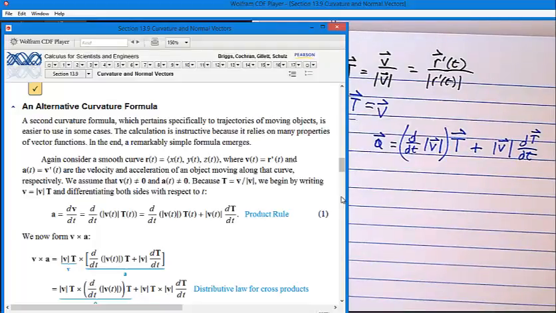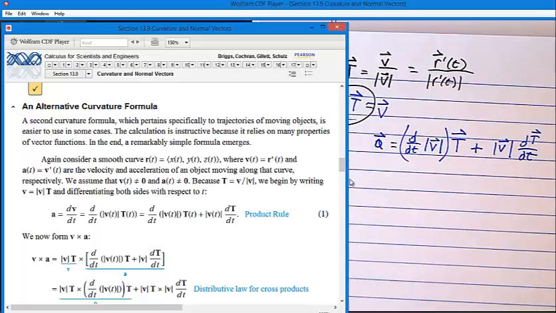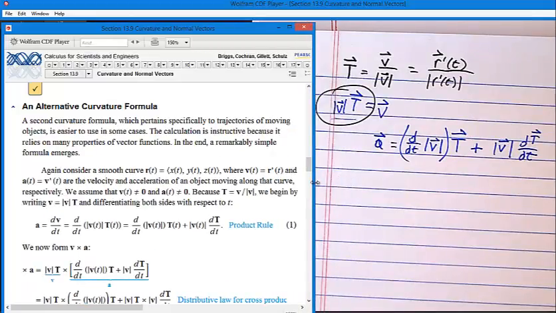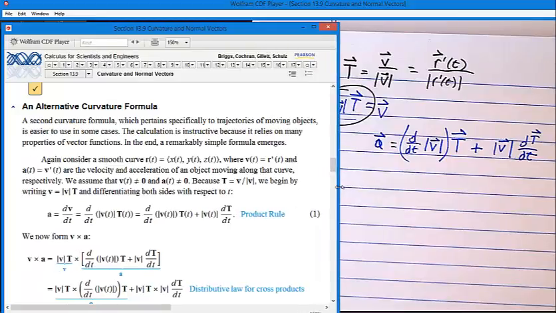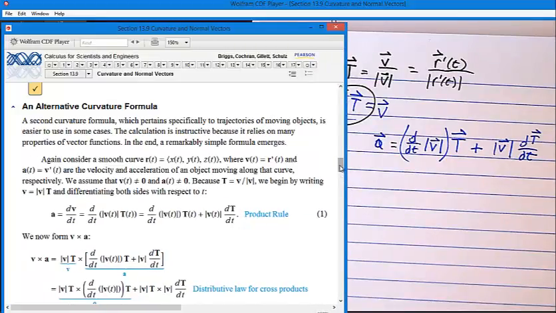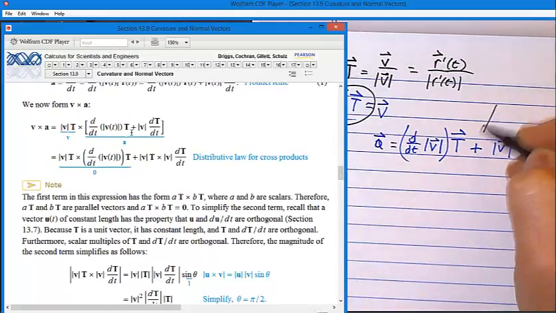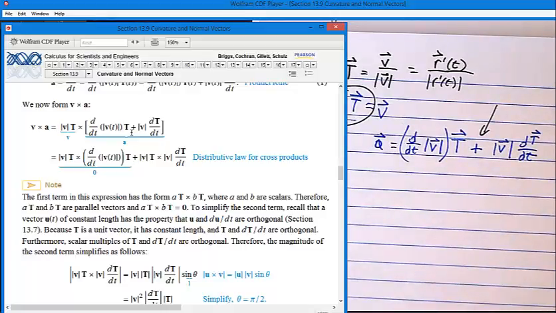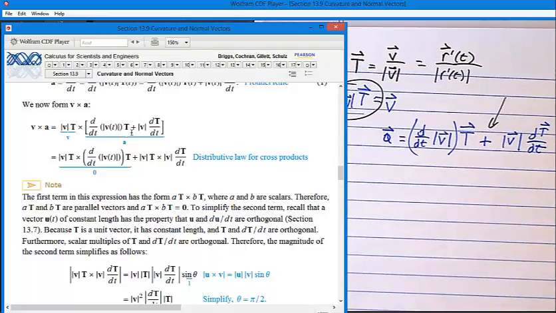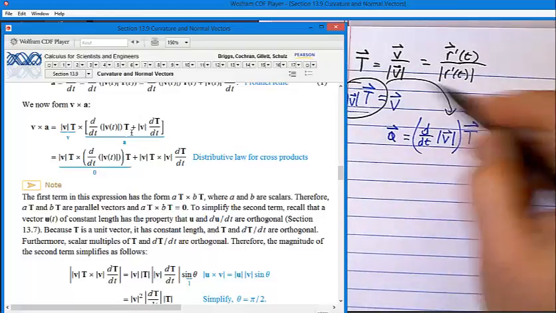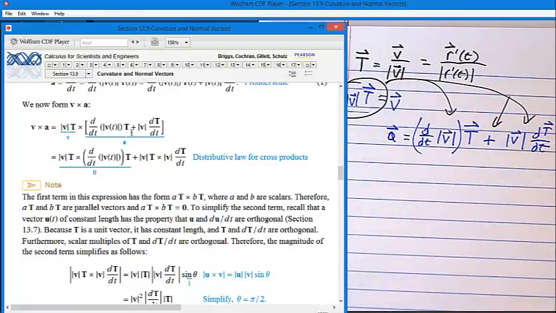Next they say we form V cross A. Wow, okay, how am I going to do that? Well, they say, look, we have a way of writing V, which I just circled. If I move this over, you can see it. And we have a way of writing A, and so let's cross them. And now, you'll notice that this is a sum. And so they're going to do a distributive property. And so when they distribute that VT circle thing over here and here, what do we get?